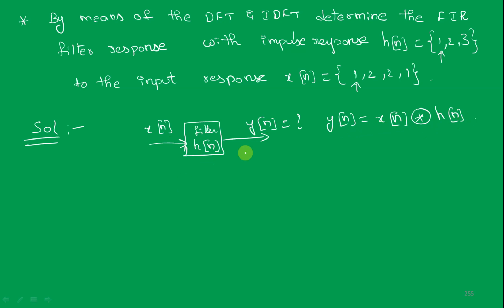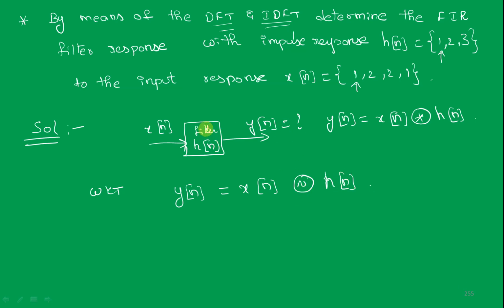But here in the question they specified, use DFT and IDFT approach. So here we know that DFT of y of n is nothing but x of n circularly convolved with h of n.